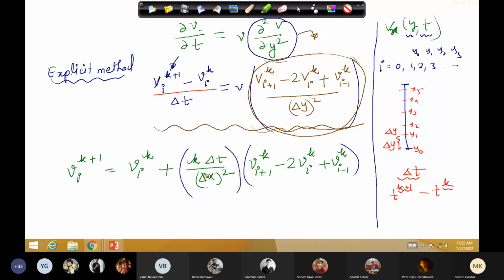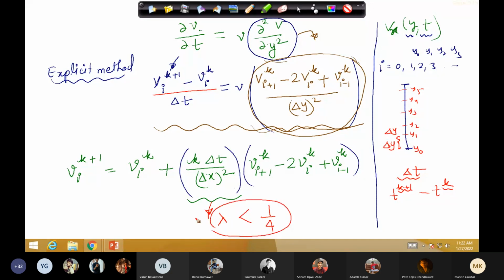This quantity is many times known as lambda, and for convergence in the explicit method this lambda must be less than half, or preferably 1/4.